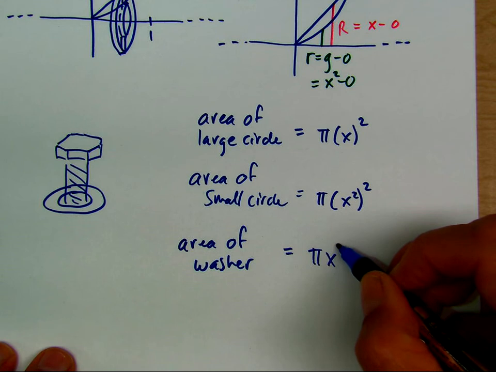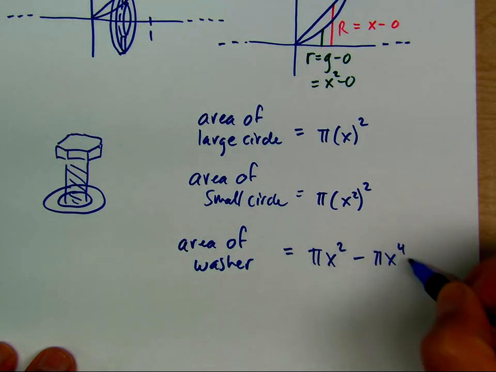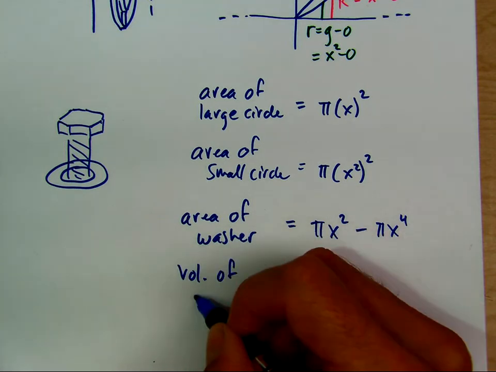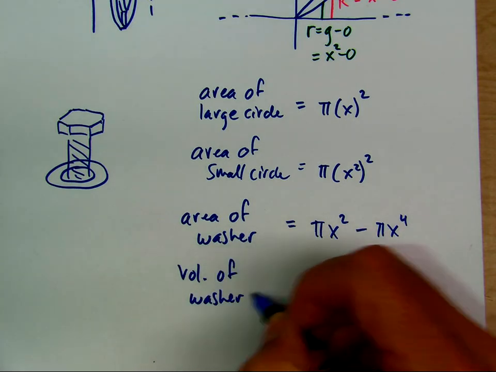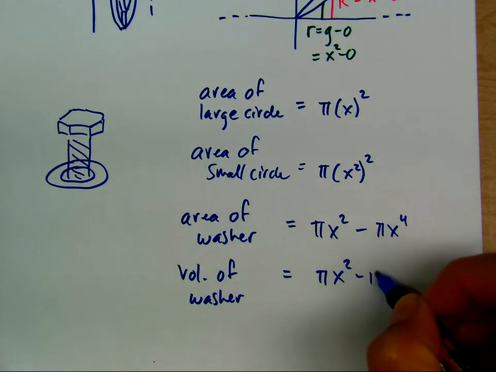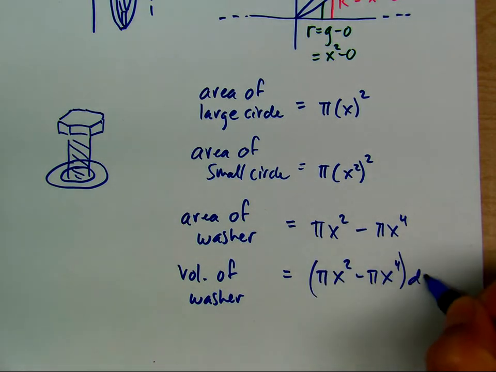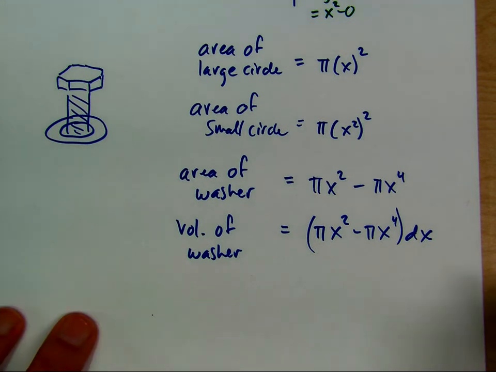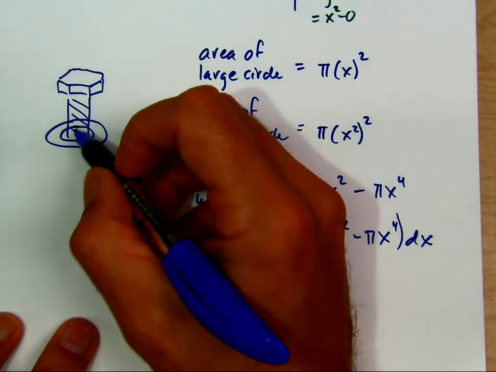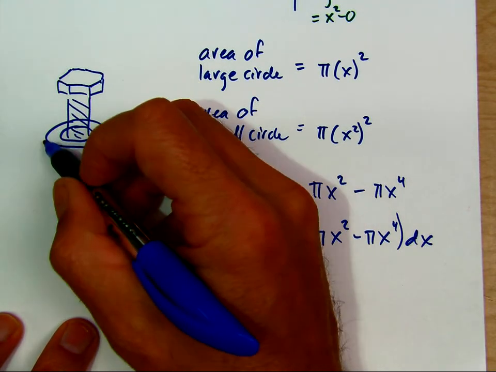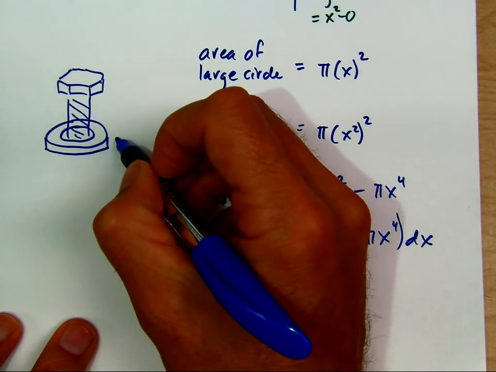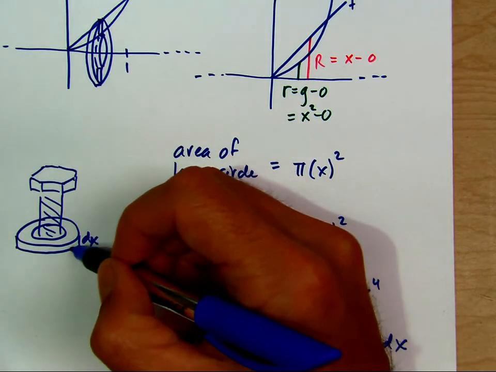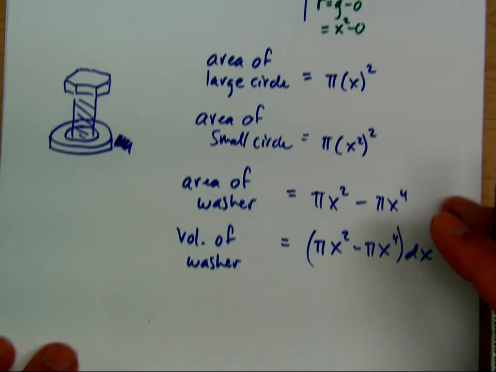Then the volume of the washer, because we just multiplied by its thickness or its height. So over in this picture, if we look at the face of the washer, we'd find the area. If we multiply by its height, in this case it's dx. Over here it wouldn't be dx, but that's the dimension we're talking about.